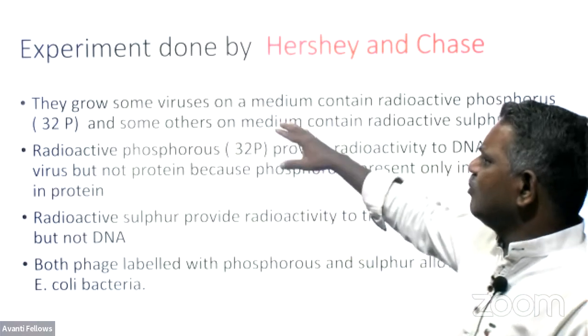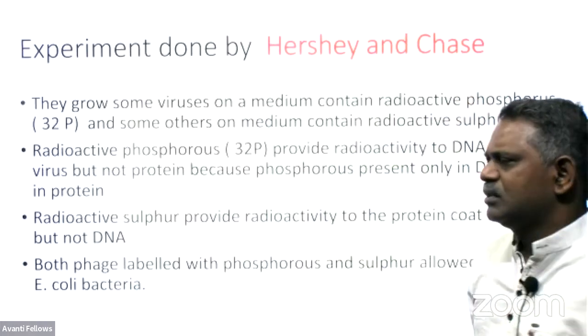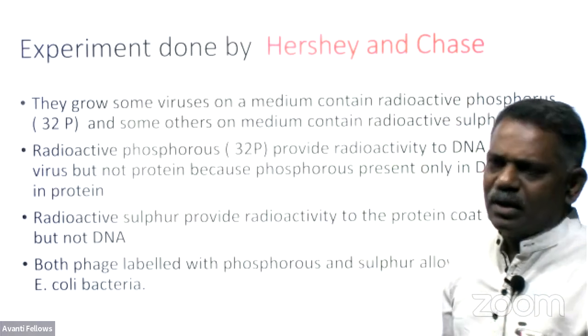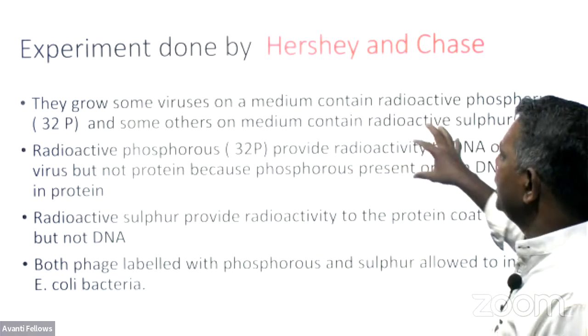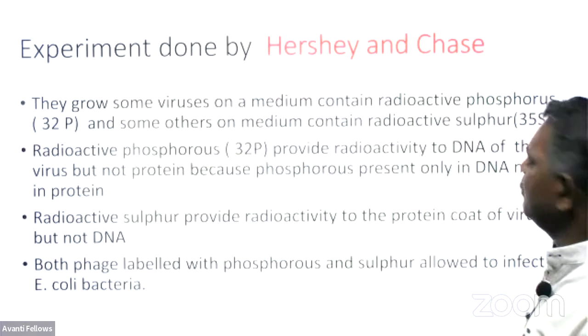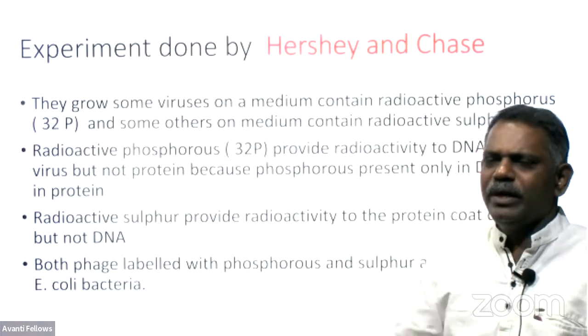They grew some viruses on a medium containing radioactive phosphorus, that is P32, and some other viruses on a medium containing radioactive sulfur, that is sulfur 35. They used two media.